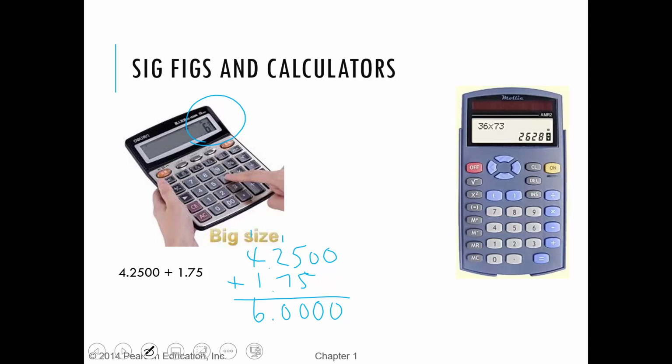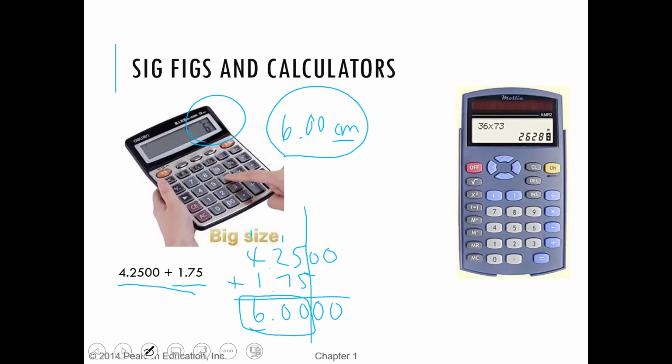However, we need to be aware that this 1.75 is my least precise measurement of the 2, and I need to have an answer to my hundredths position. So you would need to record your answer as not just 6, but 6.00 whatever, centimeters or whatever we are measuring. It is important, even though your calculator might tell you 6, that you need to still look at, well, what am I trying to be precise to? What are my measurements giving me? So that's an addition example.